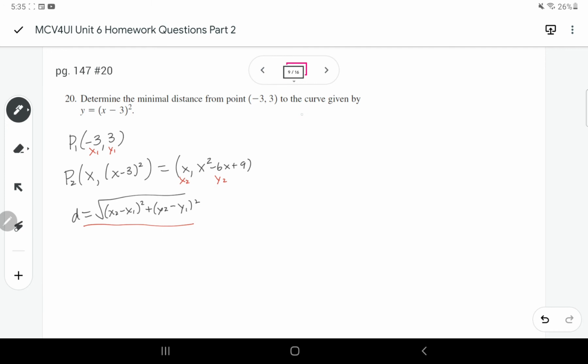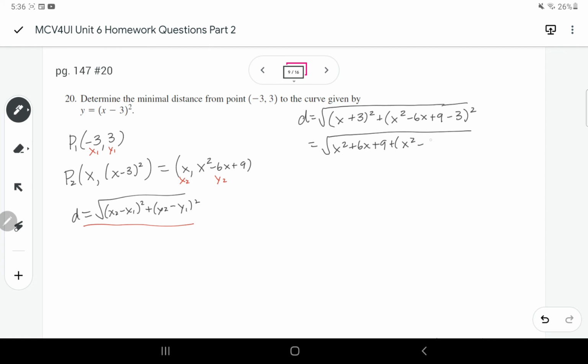If I put that all together, d is the square root of x minus negative 3, so plus 3 squared, plus x squared minus 6x plus 9 minus 3 squared. So simplifying, we've got x squared plus 6x plus 9, and then x squared minus 6x plus 6, all squared.